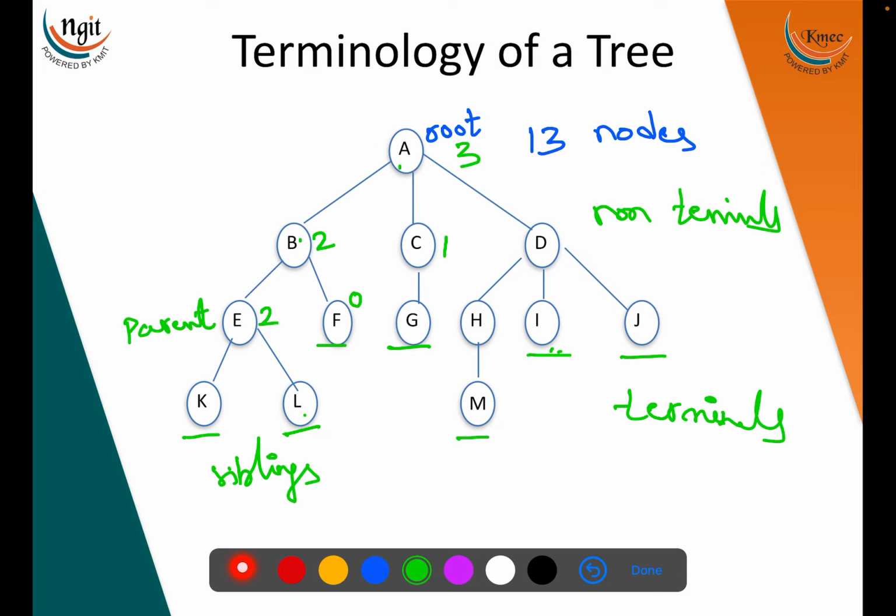Now, you can also find the ancestors of K. K's ancestors are E, B, A. So these are the major terminologies we will see, and we also have other terms, which are depth and level. Level starts at the top, right?